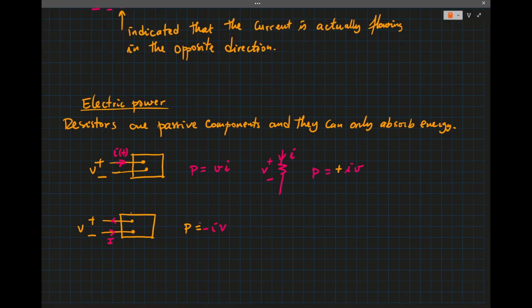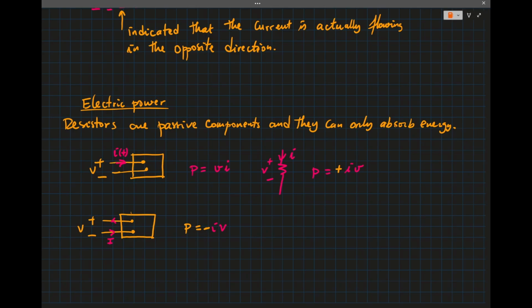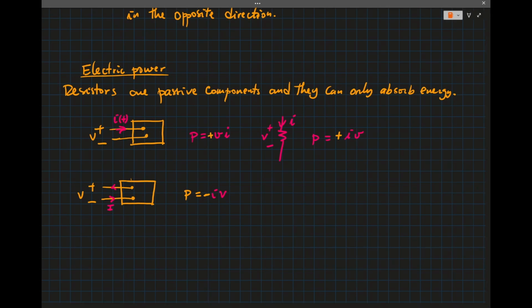Let me use a different color for the sign. So negative IV, and here we have plus. The sign here is for a passive component. This is called the passive sign convention.